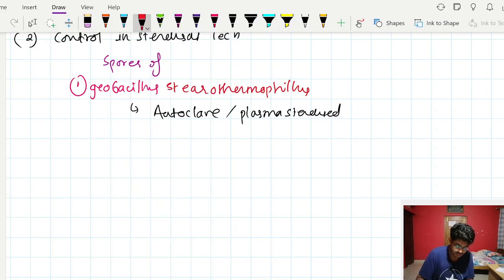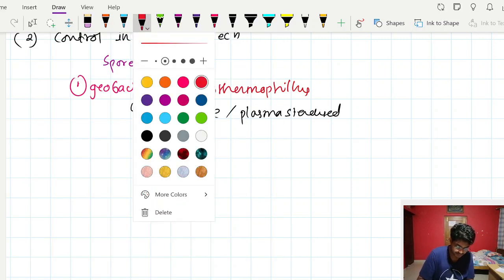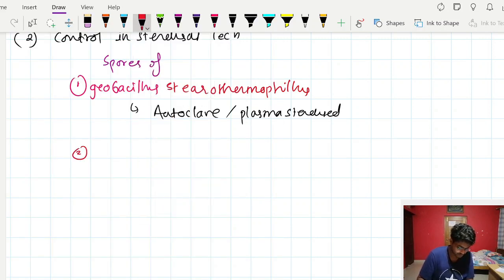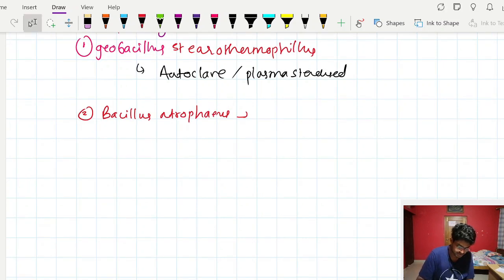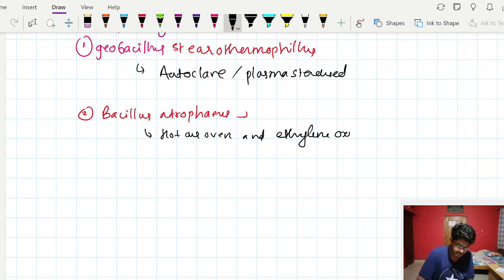And the next spores we use as a control are Bacillus atrophaeus, used in the hot air oven and ethylene oxide sterilizer.